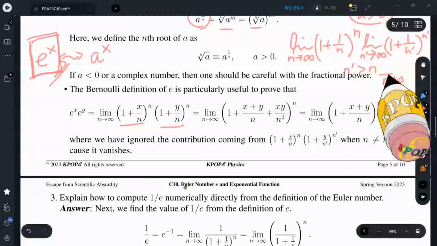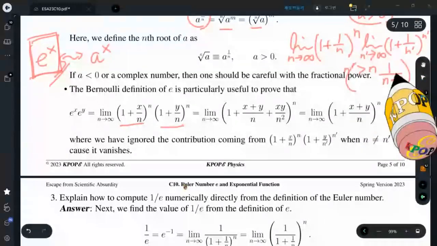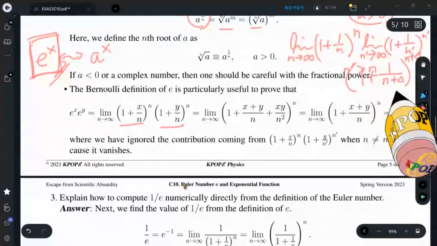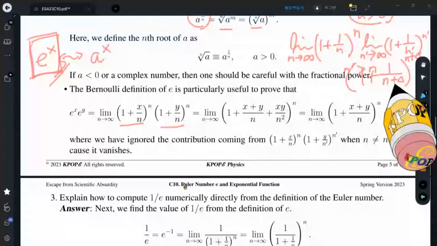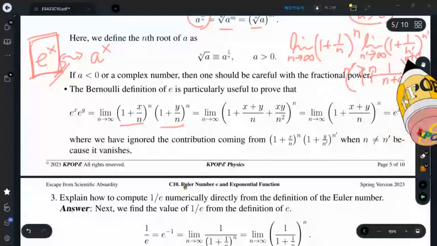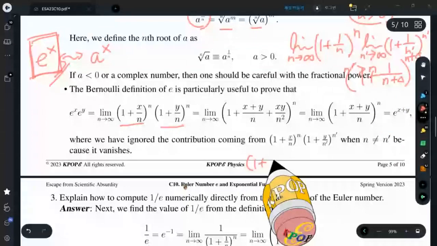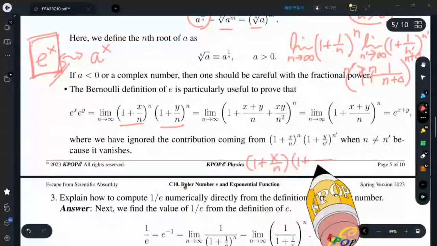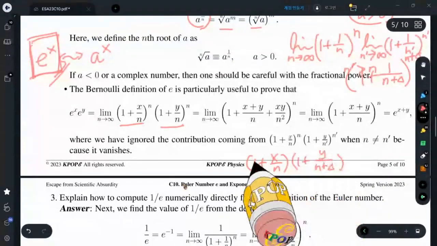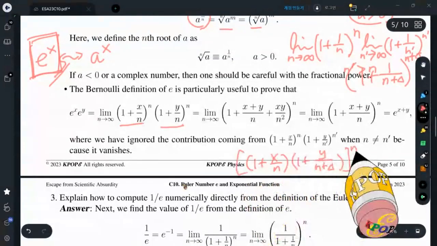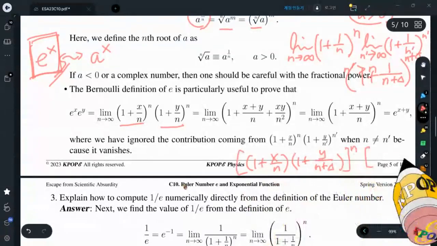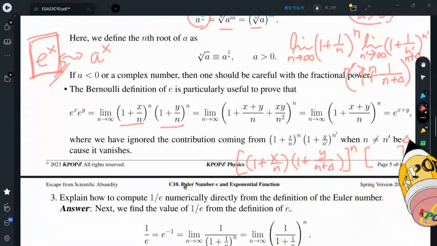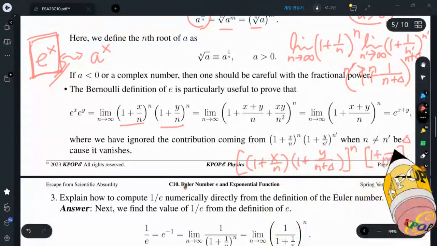So in that case, I can combine the same power, and in addition, there is some finite difference, that is delta.